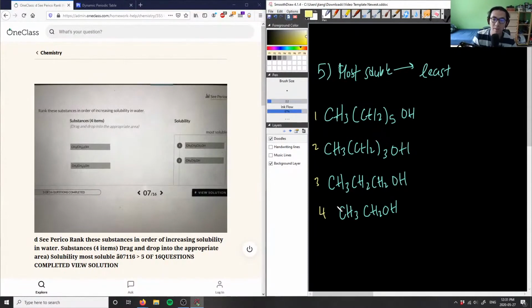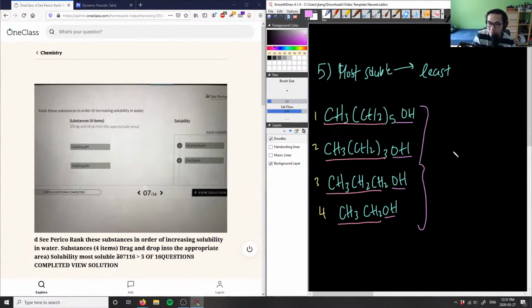As I look at these compounds, all of these are straight chain alkanes, which is great. And then I have a hydroxyl group, so all of these are alcohols because I see the hydroxyl groups.